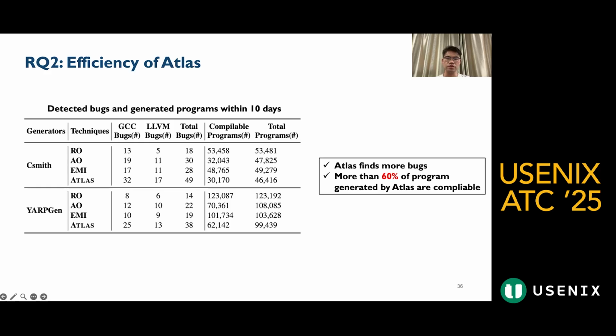During this period, we used the test programs generated by CSmith and YARPGen to evaluate each approach. Atlas ended up finding the most bugs among all the methods. Additionally, over 16% of the test cases generated by Atlas were able to compile successfully, demonstrating the high quality of its test cases.